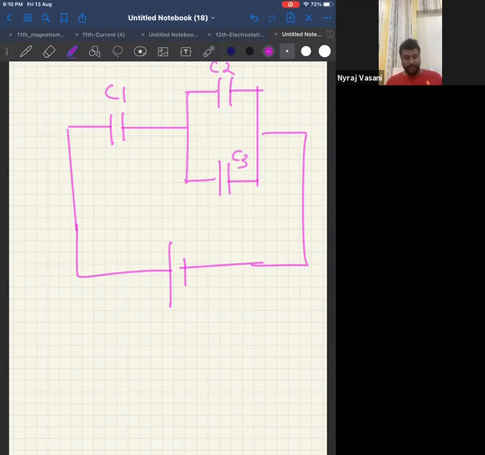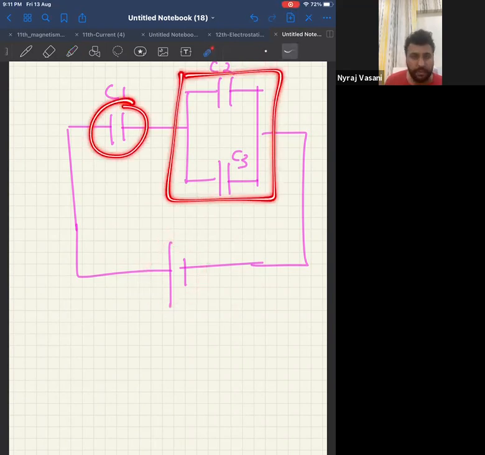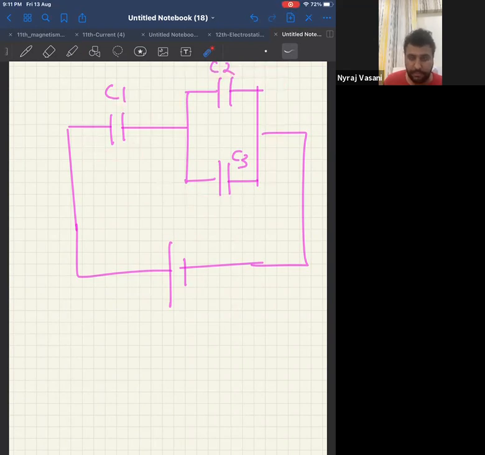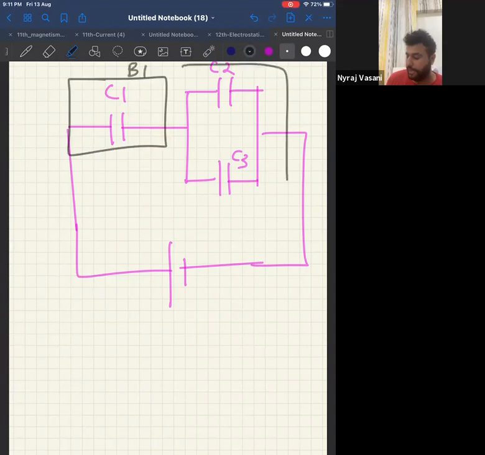What they are saying is in the figure C1, C2, C3, the correct condition will be. Now you know in series voltage adds up, Rahul, correct? Therefore, can I say my total voltage will be voltage of this block plus voltage of this block? For that, I will take this as my block 1 and I will take this as my block 2.